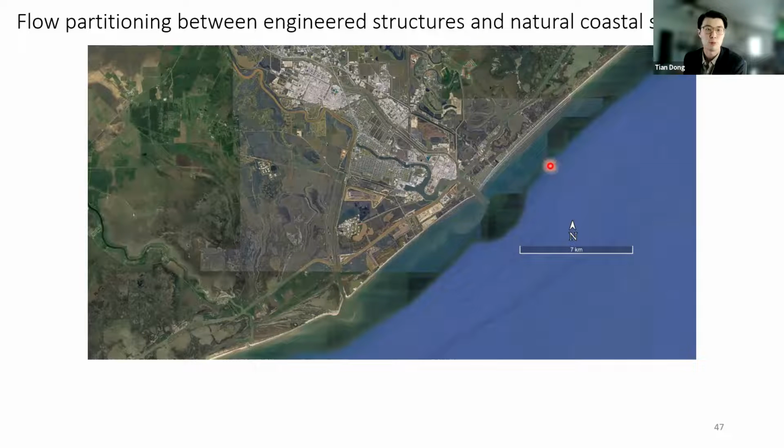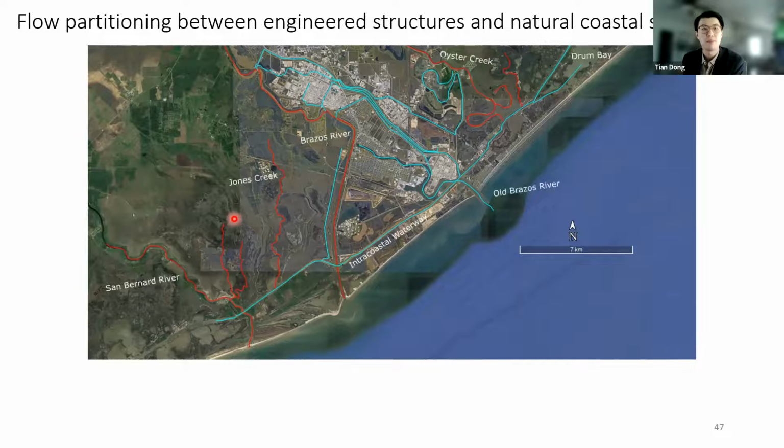If we look at this more closely, this landscape is actually filled with channels. The cyan green shows artificial canals and engineered channels, and the red lines indicate somewhat natural channels. Just to name them, we have the Brazos River going here, the Intracoastal Waterway, as well as the old Brazos River.